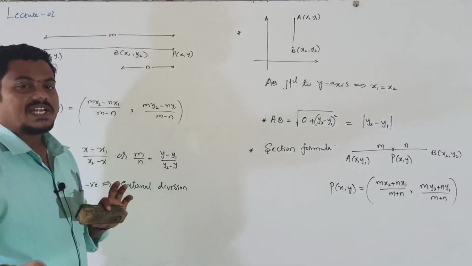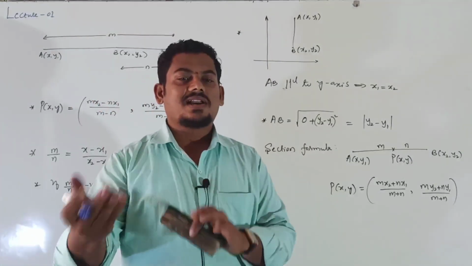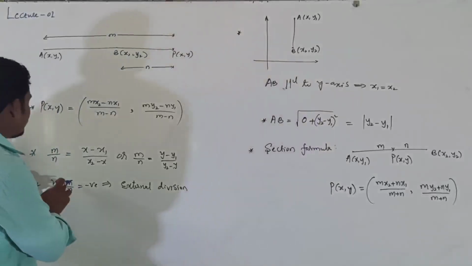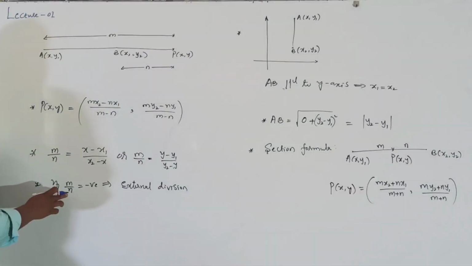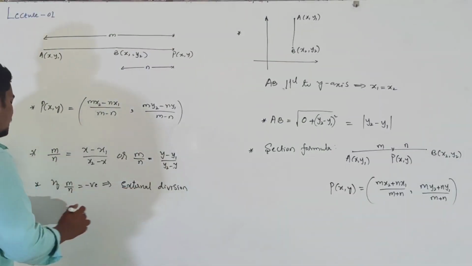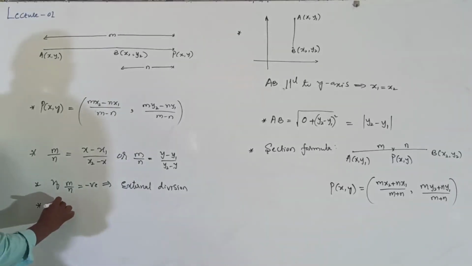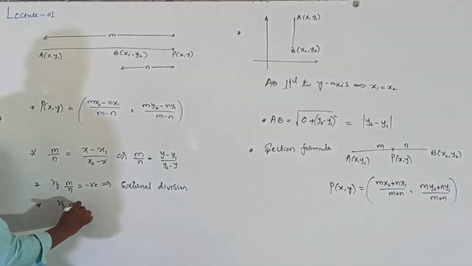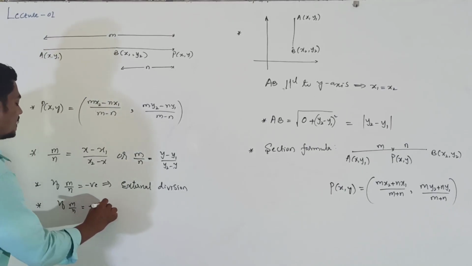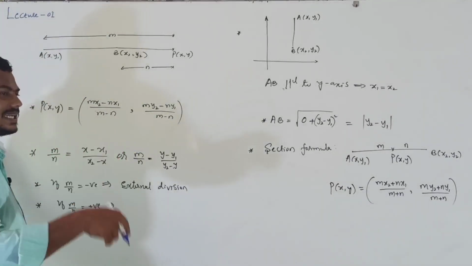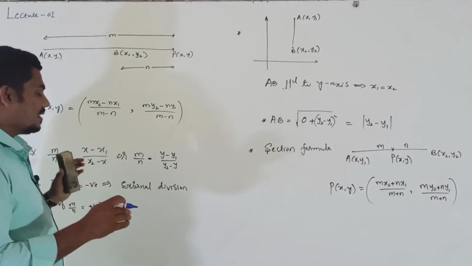Suppose the sign of m by n is negative, then it is external division. Suppose the ratio m by n is positive, then you conclude the point divides internally.